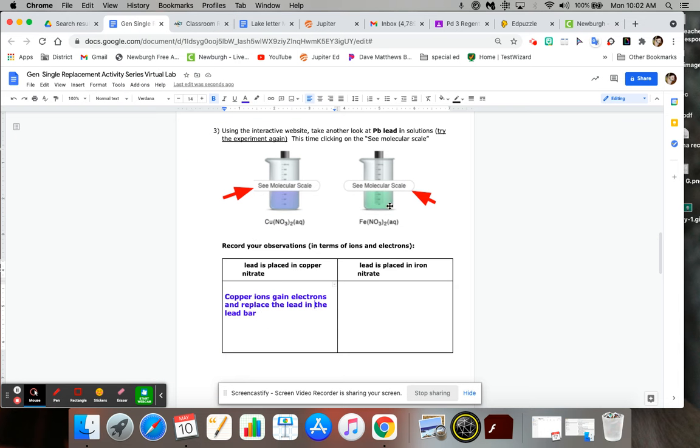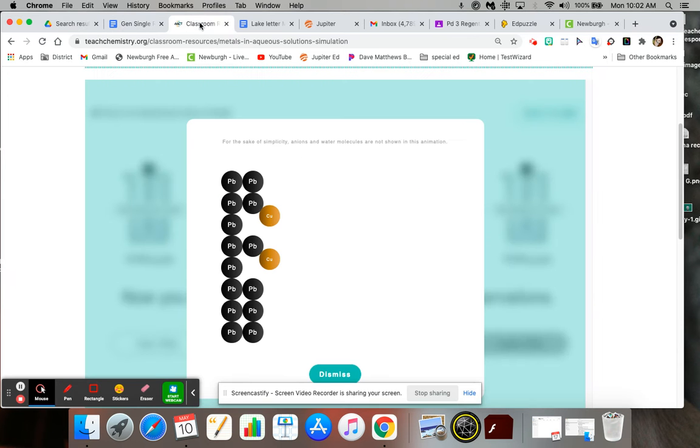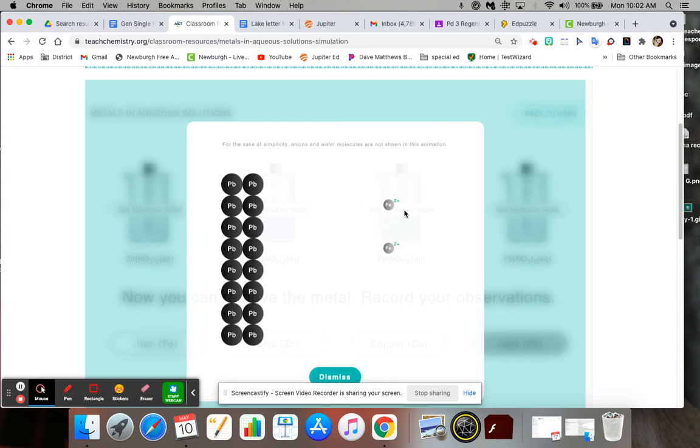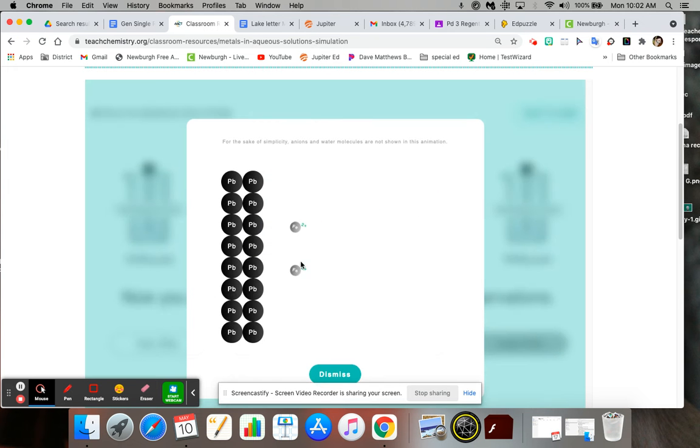Next, we're going to take a look at what's happening at the molecular level at the iron nitrate. We're going to be looking at the iron nitrate and the lead bar, the molecular scale. There's the iron in the solution. Oh, nothing's happening. See that again? Fe2+ is iron ions in the solution, and no reaction.